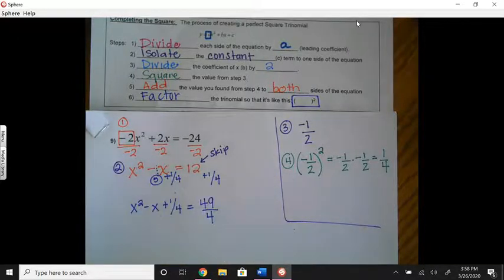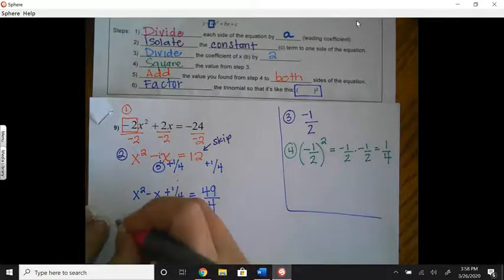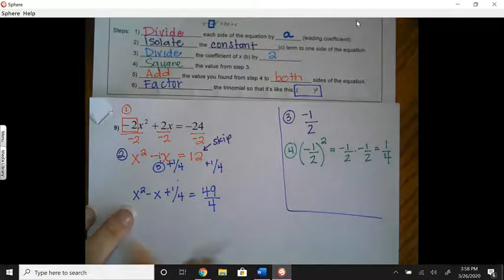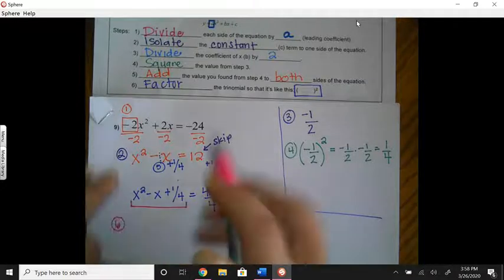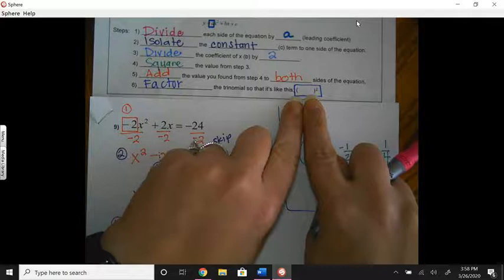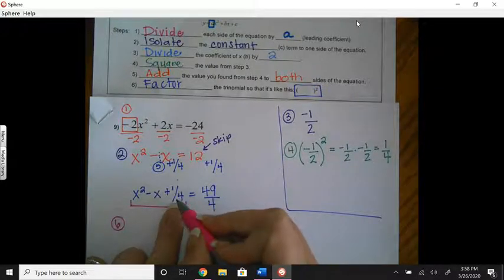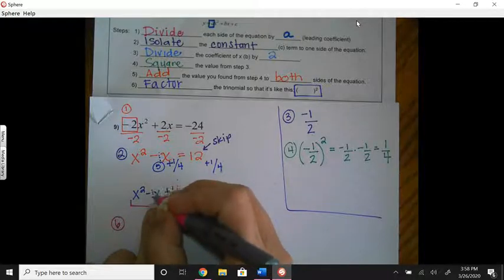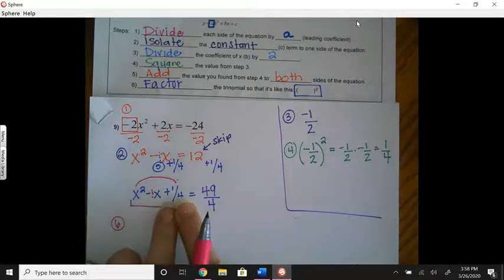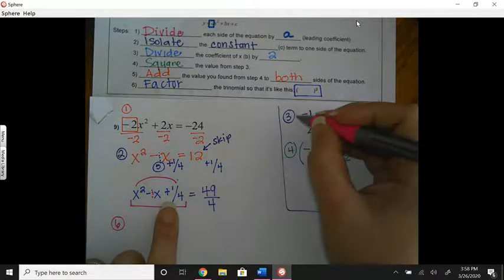And then the whole purpose for doing this is to be able to do step 6. So step 6 says the trinomial that we have here should be factorable such that it's the same number times the same number. So we have to think of what number multiplies to 1/4 and adds to negative 1. So we're factoring this. But this should not be difficult because the answer is always going to be step 3's value.